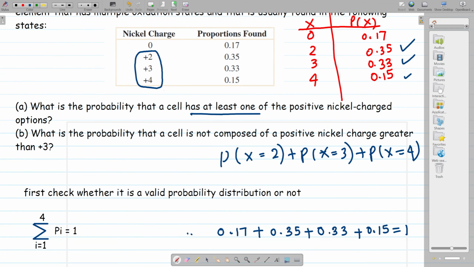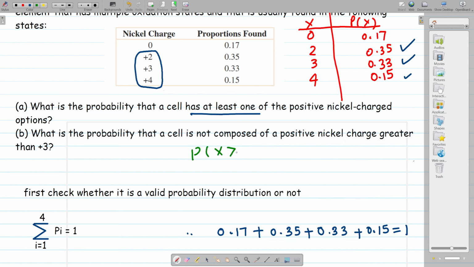What is the probability that a cell is not composed of a positive nickel charge greater than 3? Greater than 3 means P(x greater than 3). What are the values available for x greater than 3? Only one value, that is x equal to 4. The question is not asking about x greater than or equal to 3.